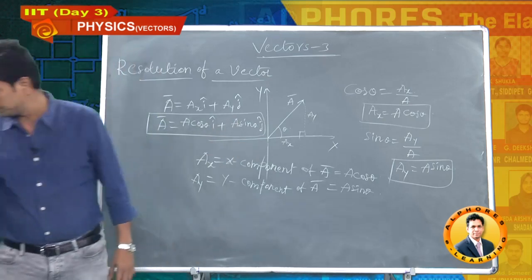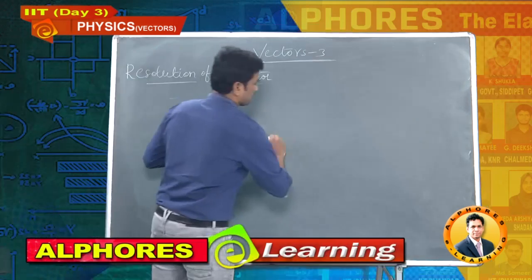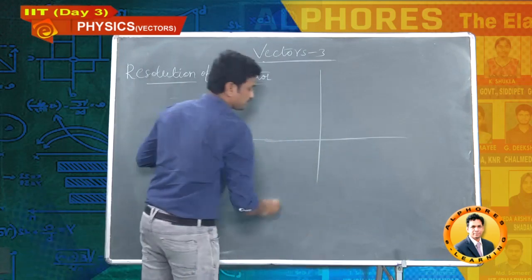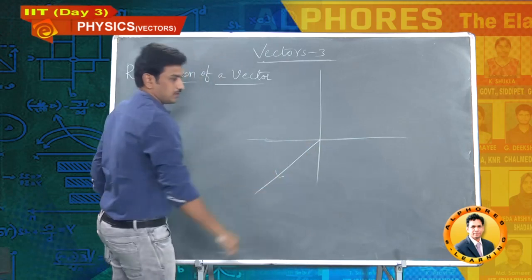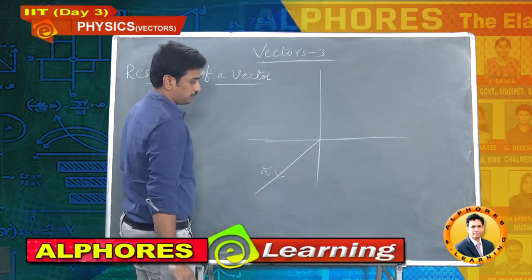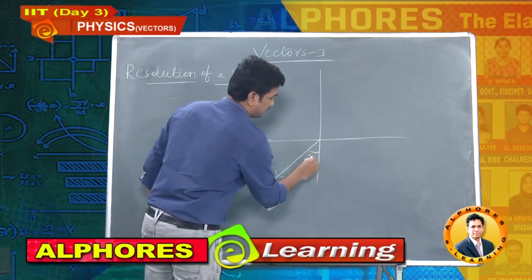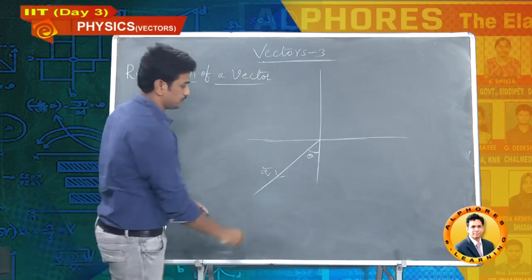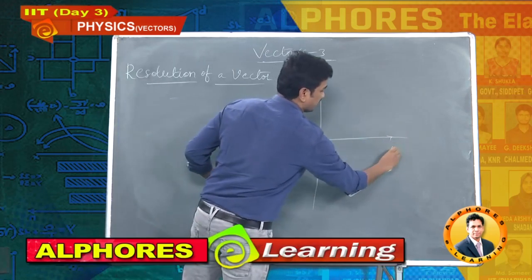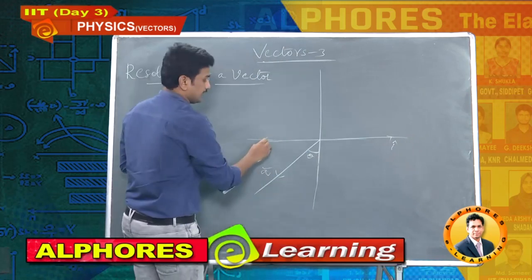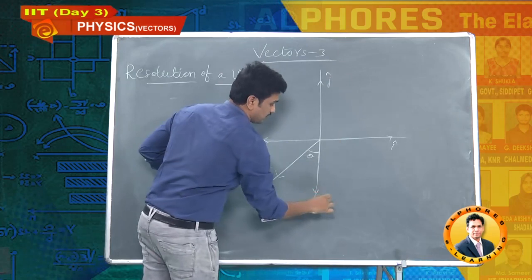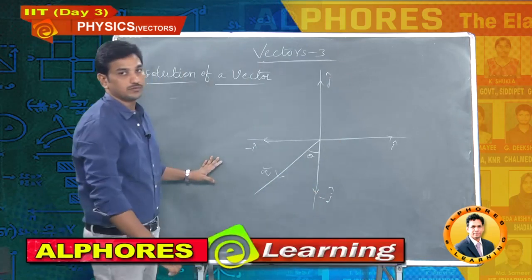We will see one more. Acceleration A bar, let its angle be theta. These are the positive x direction, negative x direction, positive y direction, and negative y direction.